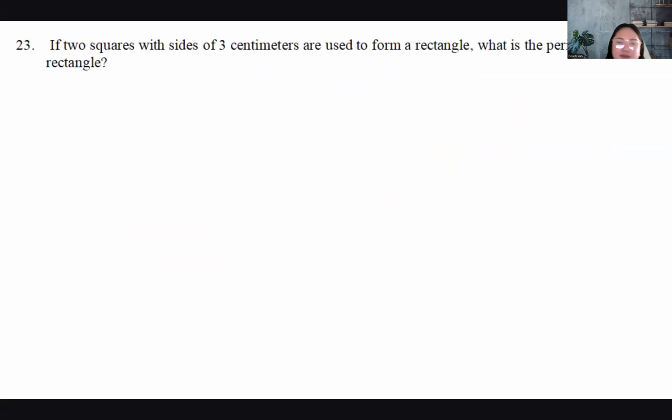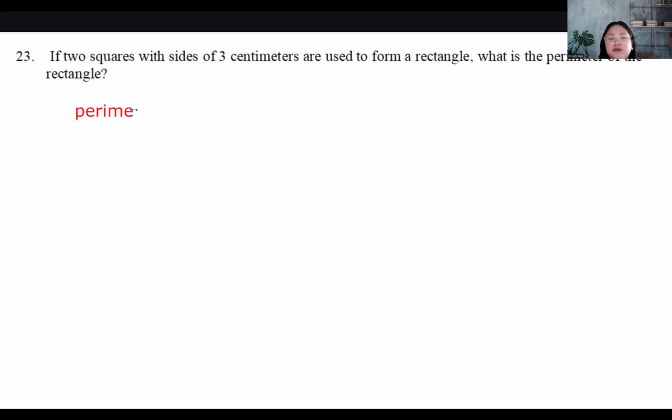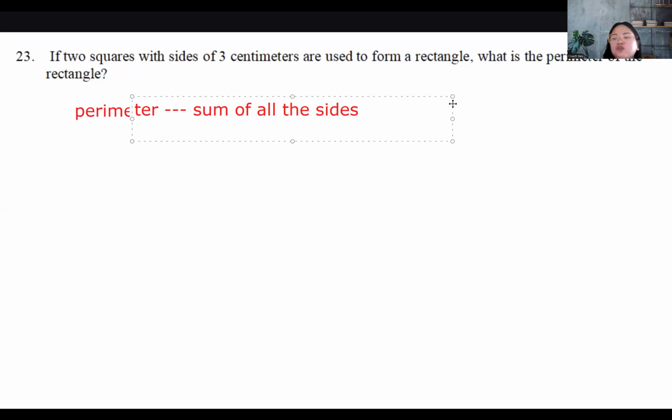If two squares with sides of 3 centimeters are used to form a rectangle, what is the perimeter of the rectangle? So, perimeter, when we say perimeter, this is the sum of all the sides. So that's why it's important to remember that sides are just outside lines.